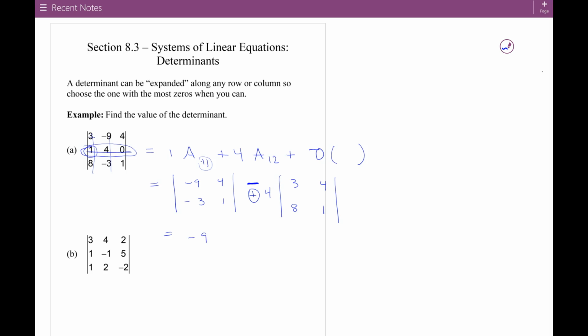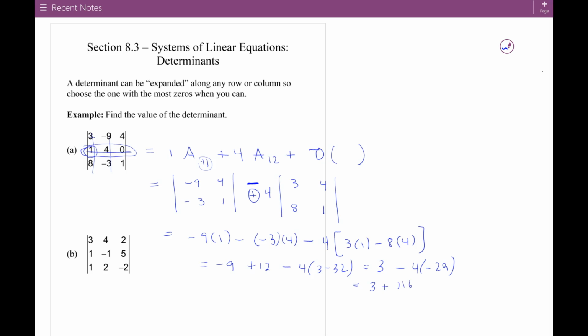So we're going to get negative 9 times 1 minus negative 3 times 4 minus 4 times 3 times 1 minus 8 times 4. So that's going to be negative 9 plus 12 minus 4 times 3 minus 32. So I'm going to have 3 minus 4 times negative 29. So it's going to be 3 plus 116, so 119 is the value of that 3 by 3 determinant.